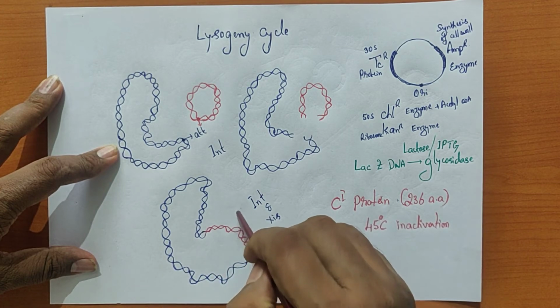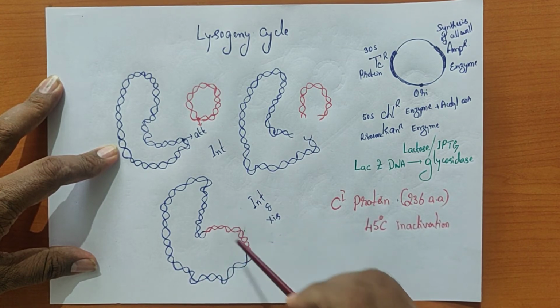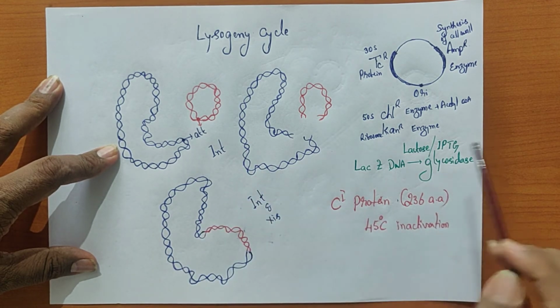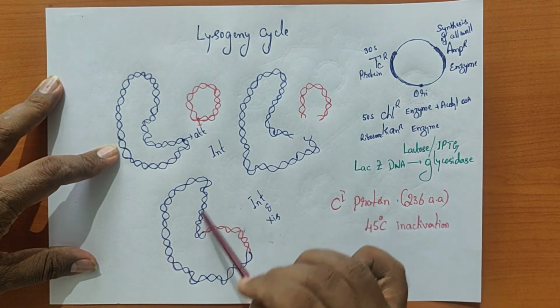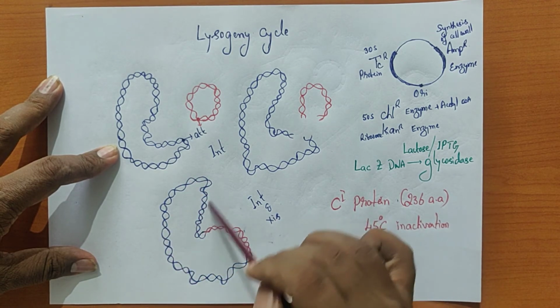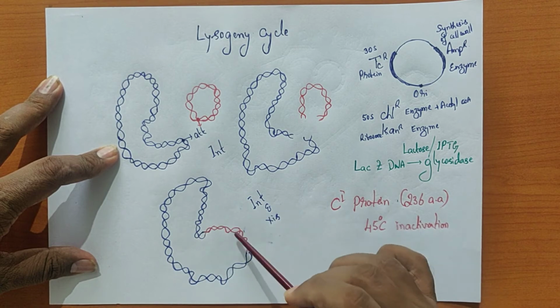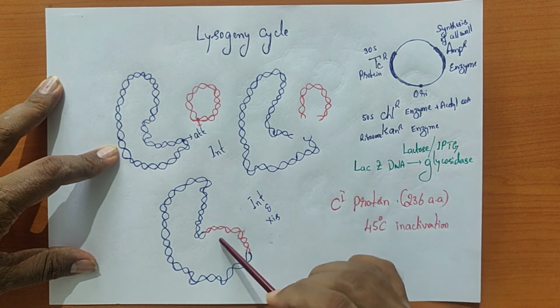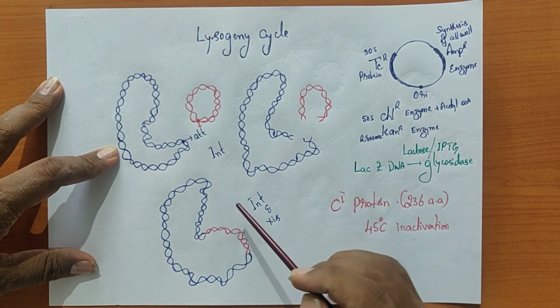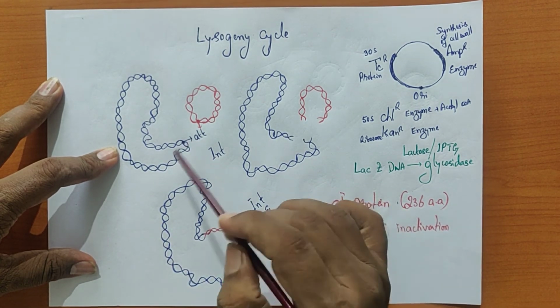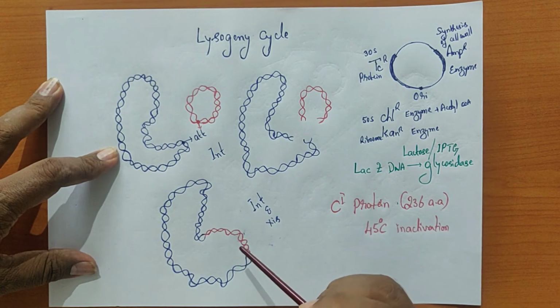Now lysogeny is not lethal to the host because the host undergoes multiplication. As the host genomic DNA multiplies, along with that even the lambda DNA also multiplies. So there is no harm. So now this is going to be integrated into the host DNA. That is what is known as the lysogeny cycle.